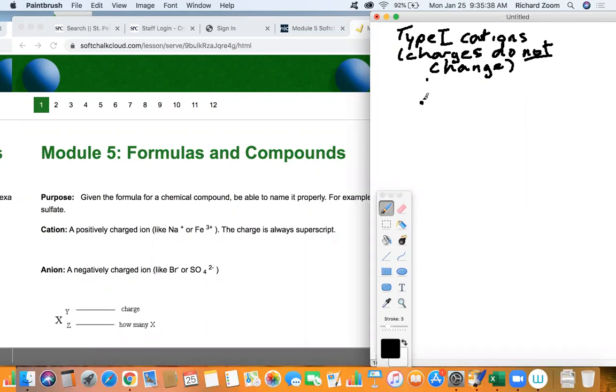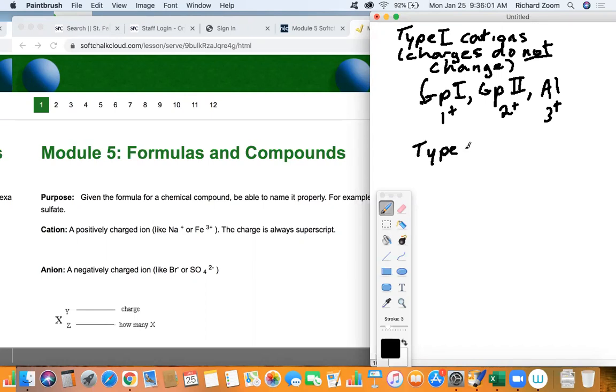What we're talking about here is group 1, which is 1 plus, group 2, which is 2 plus, and aluminum, which is 3 plus. There are a couple of others, but I'm not going to worry about them. These are the main ones that I want you to be concerned about.